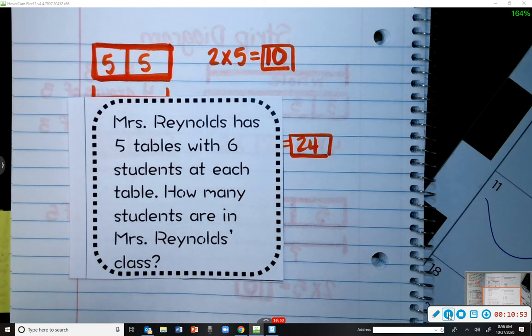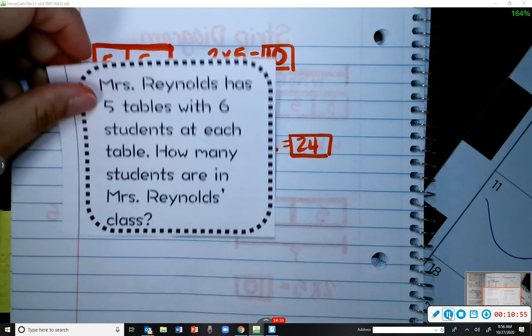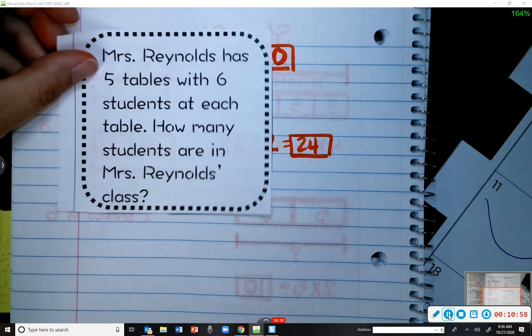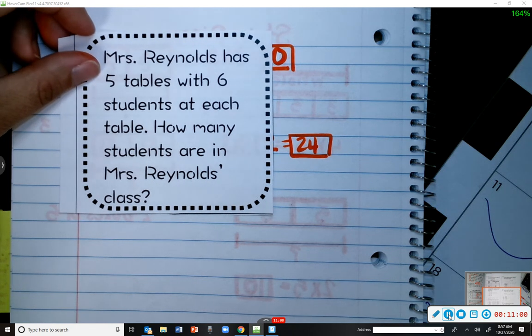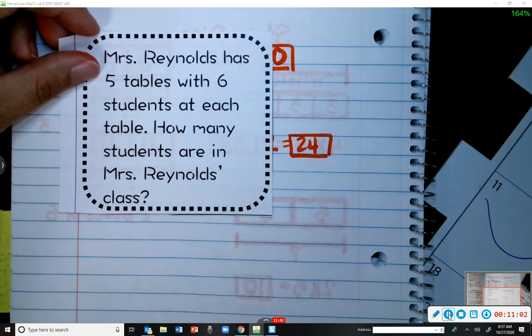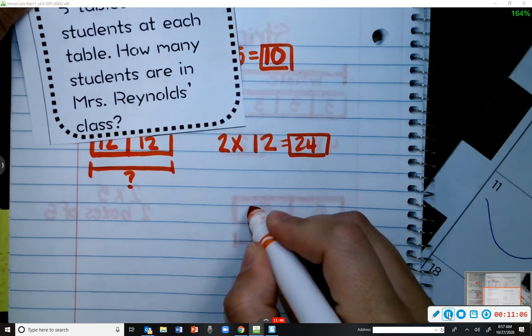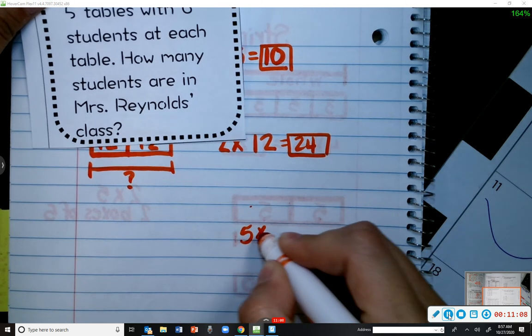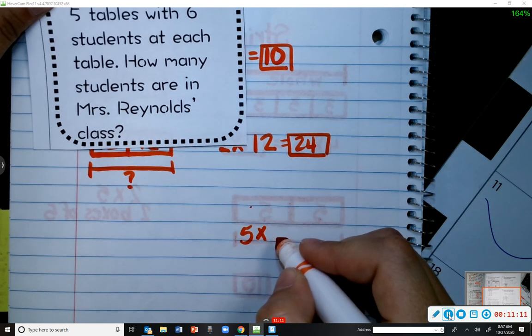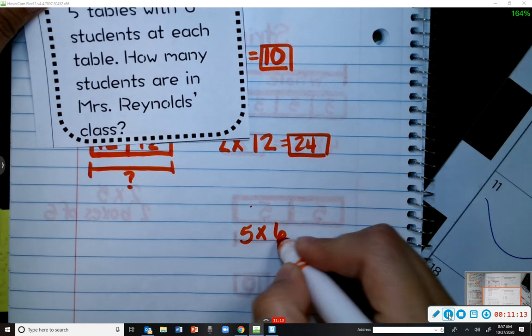Okay, you guys are doing a great job, and I'm sure you guys at home are doing great too. So we're going to go ahead and check this answer. 5 tables with 6 students at each table. So that sounds like 5, 10, 15, 20, 25. 5 groups of 6.